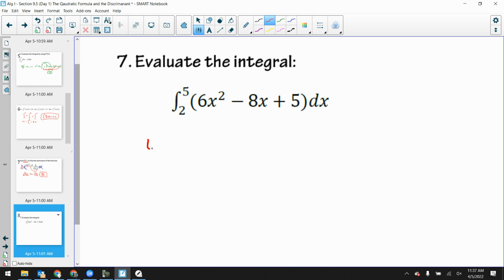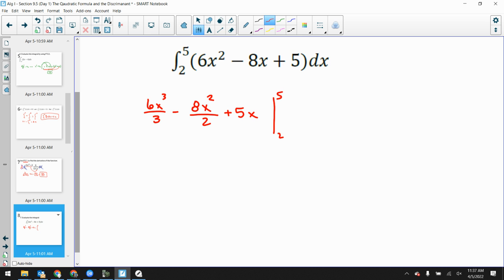So that's 6x to the third over 3 minus 8x squared over 2 plus 5x from 2 to 5. Let's reduce it a little bit. That means I've got 2x cubed minus 4x squared plus 5x from 2 to 5.